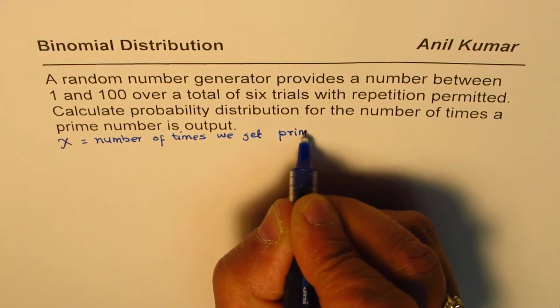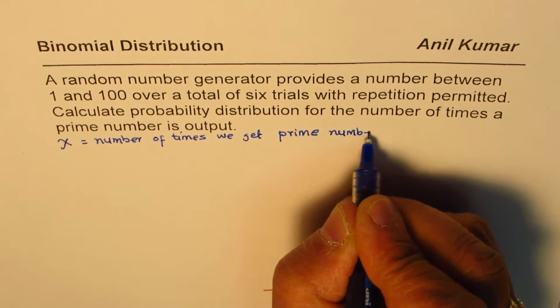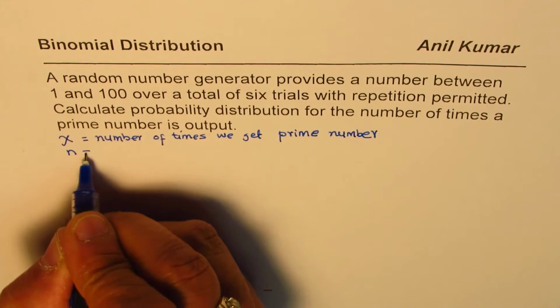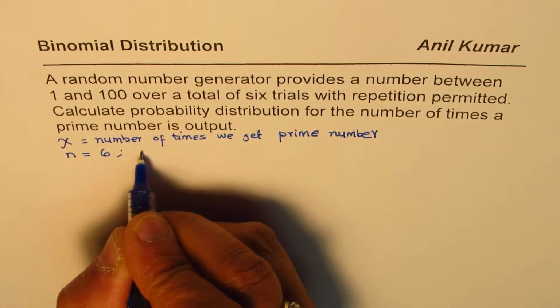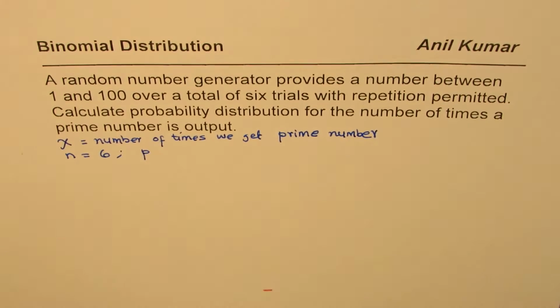So that is the random variable. And n, the number of trials, is 6. What is the probability of success? That is the probability of getting a prime number.